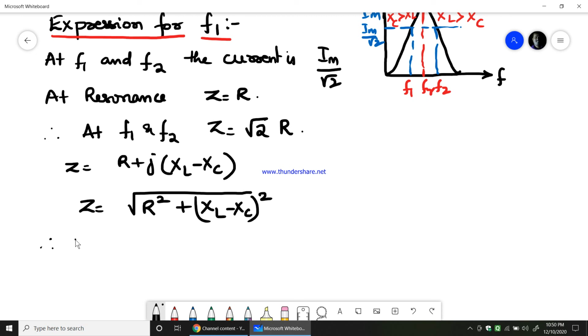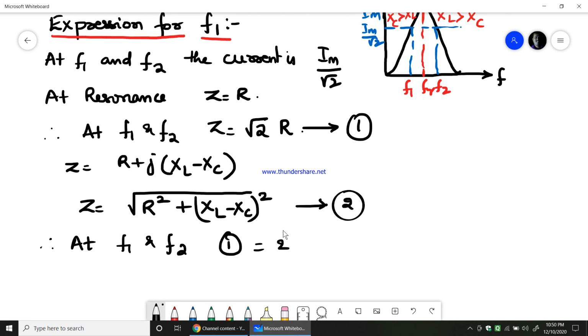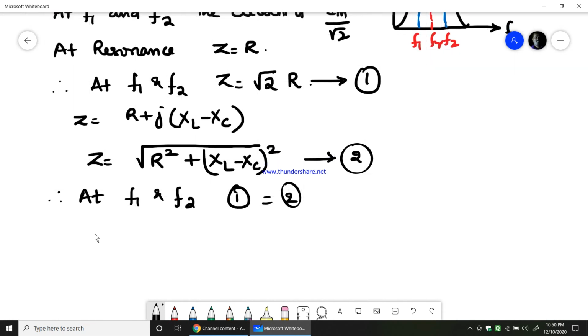Therefore at F1 and F2, let me take Z equals root 2 R as 1, this as 2. Therefore at F1 and F2, 1 will be equal to 2. That means root 2 times R would be equal to root of R square plus XL minus XC the whole square.